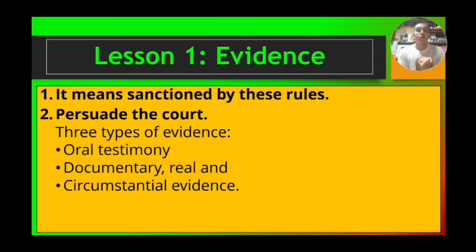Second, documentary usually refers to written documents. Third, circumstantial evidence. With this type of evidence, we usually collect more information in order to create strong evidence.